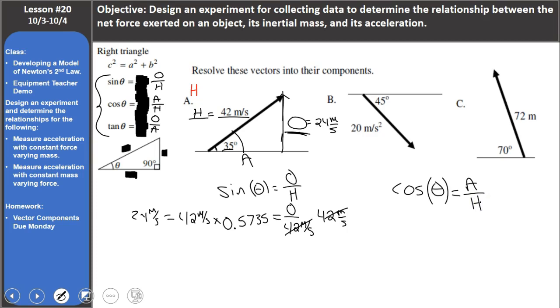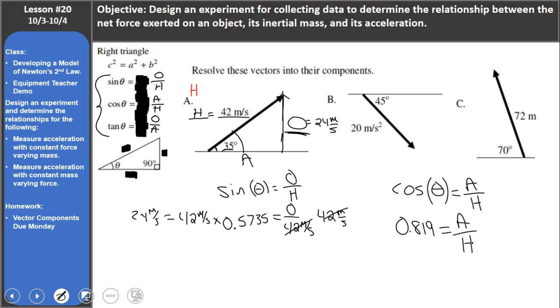Everybody get that? So what are you going to do first? What's the cosine of the angle? The cosine of 35 is what? 0.819. That's equal to adjacent over hypotenuse.